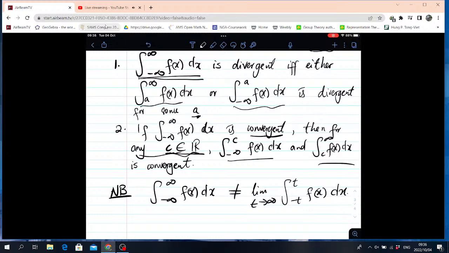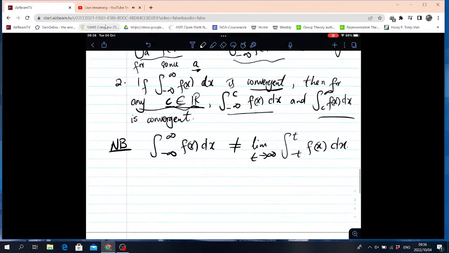And one other thing that you need to note is that if we have an integral from minus infinity to infinity of f of x dx, it is not going to be equal to the limit as t tends to infinity of the integral from minus t to t of f of x dx.